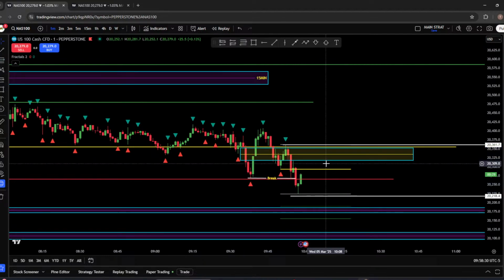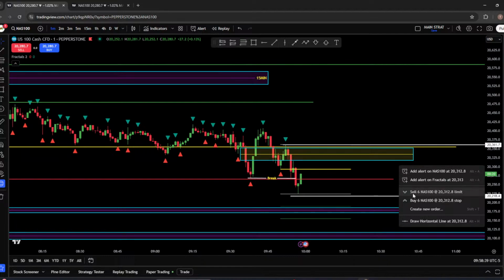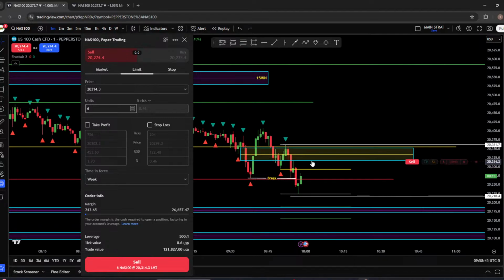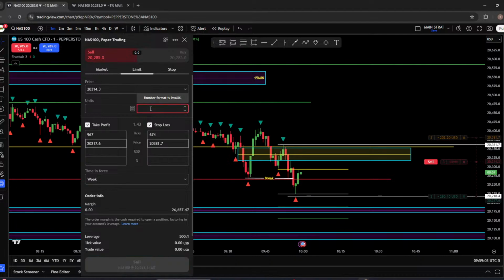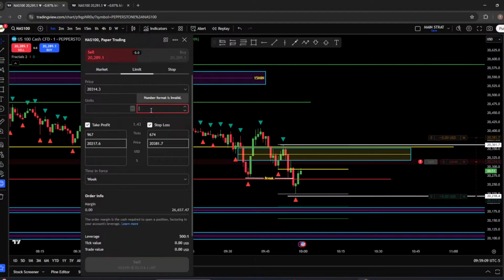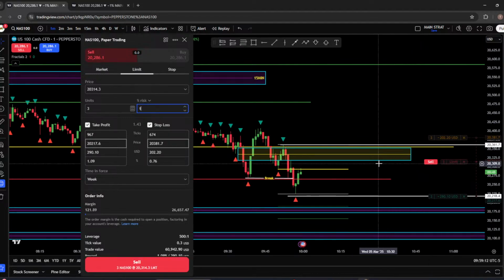So we'd have to take a trade off of this here if we're going to take a trade. Let's do a limit order. 90, 200.